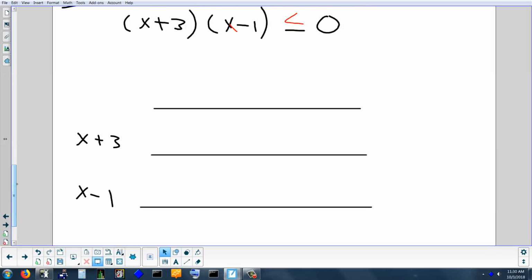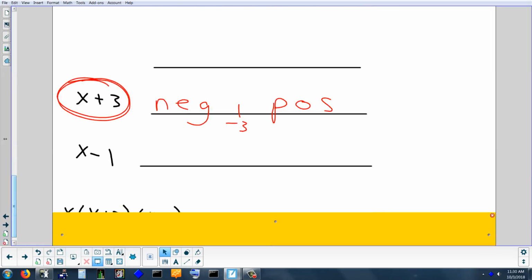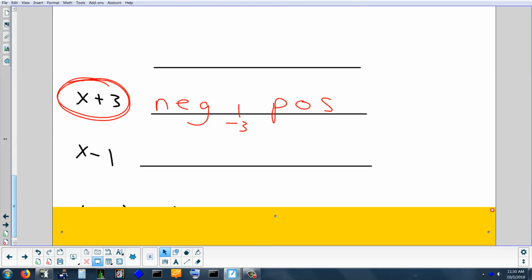What value would you plug into x plus 3 to make that 0? Negative 3. If you plug in numbers smaller than negative 3, you'll get negative results. Plug in numbers bigger than negative 3, positive result. How about x minus 1?